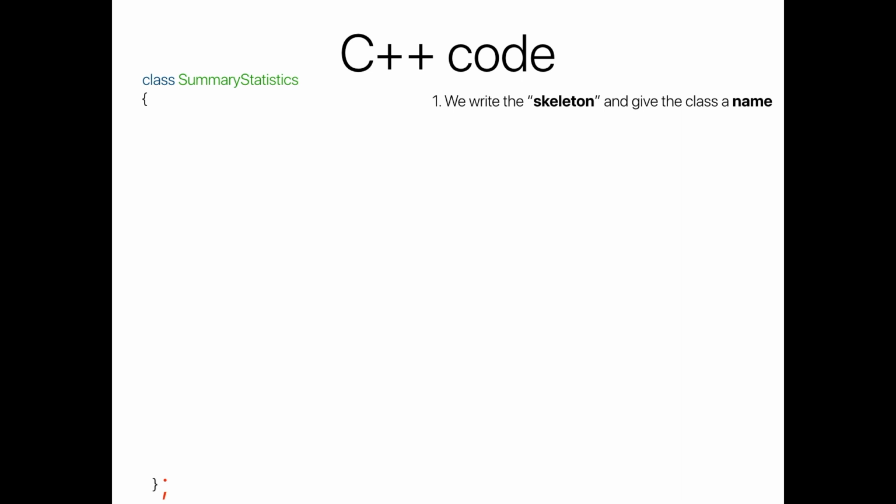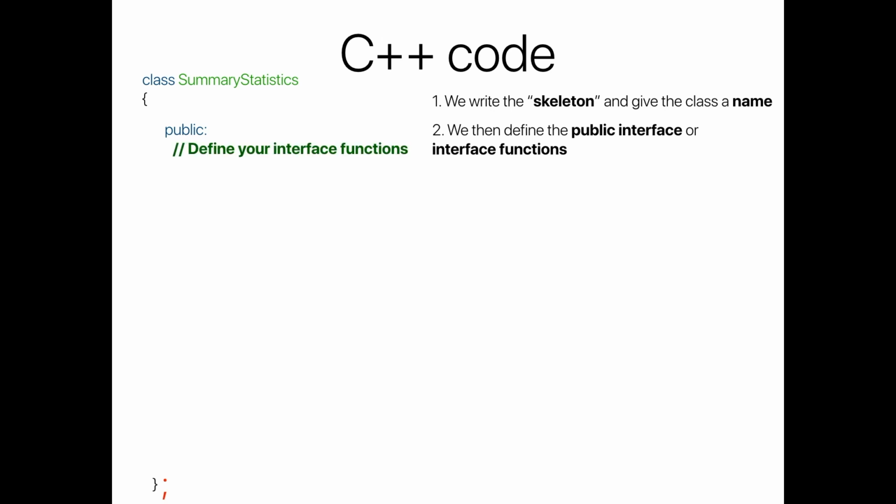So anyways, the next thing we do is define the public interface or the interface functions. To do that in C++, we use the public keyword followed by a colon. Anything placed underneath here will be the public interface, and this is precisely where we define our interface functions.